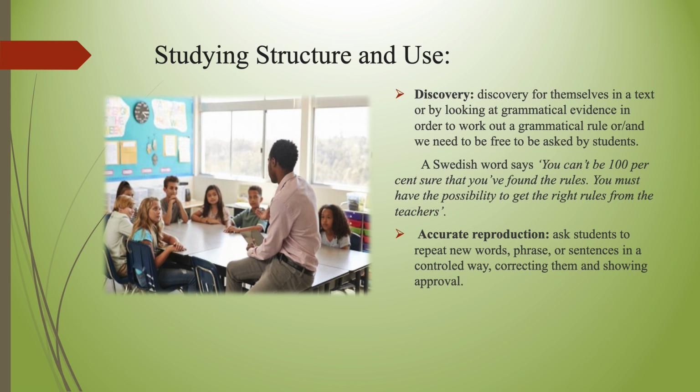For example, the teacher taught us the present continuous, so the teacher asked them to repeat again and again in order to make them produce other sentences by themselves. And if the student makes another mistake, the teacher should show the improvement, meaning the teacher should explain and motivate them to improve their learning.